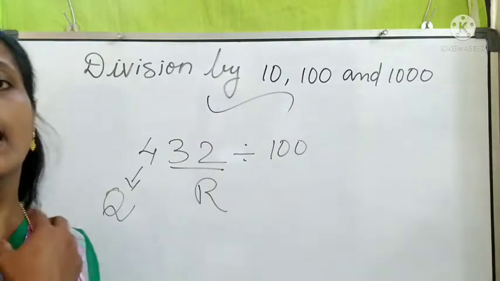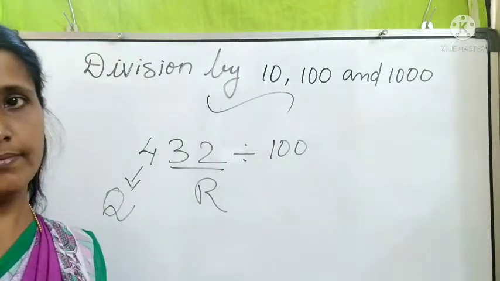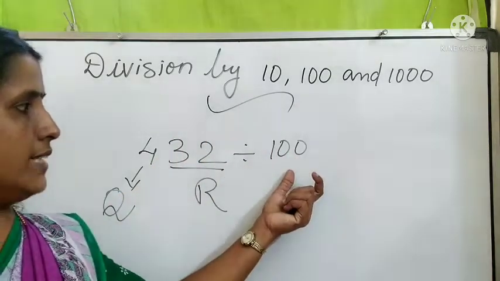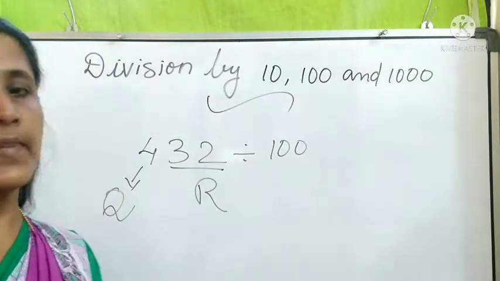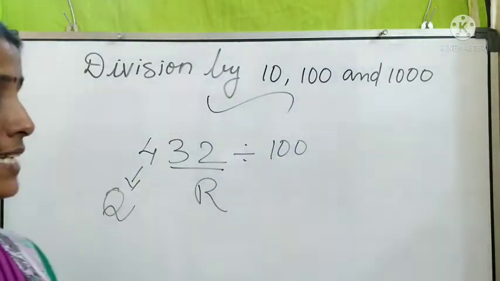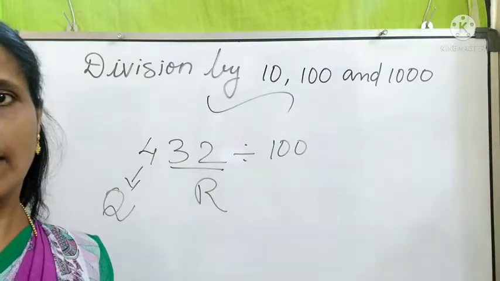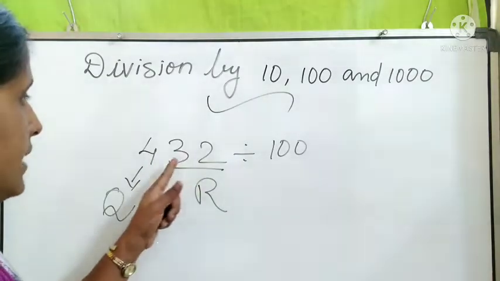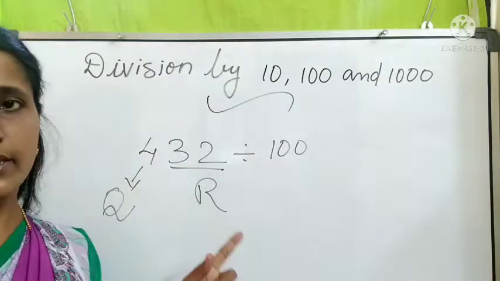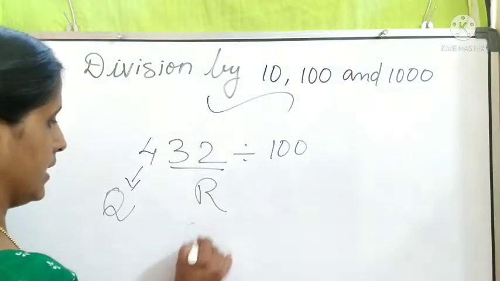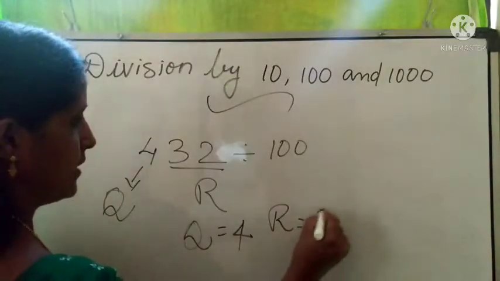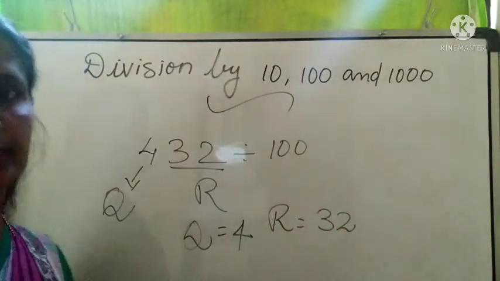And quotient is the answer of the division. So, when dividing a number by 100, without doing the calculation, we can find the answers very easily, because the ones and tens place numbers form the remainder and the remaining digits form the quotient. Here the quotient is 4 and the remainder is 32.